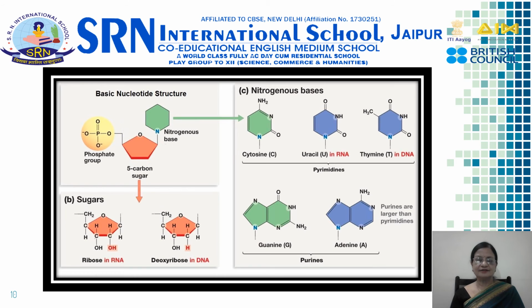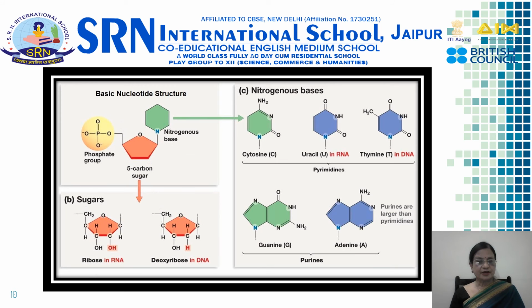Nucleic acids are long chain polymers of nucleotides, and therefore they are also called polynucleotides. Complete hydrolysis of nucleic acid, whether it is DNA or RNA, yields a phosphate group, that is phosphoric acid, then a pentose sugar, and also a nitrogen containing heterocyclic compound, which is also called a nitrogenous base.